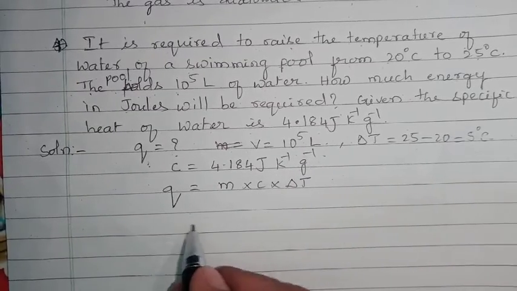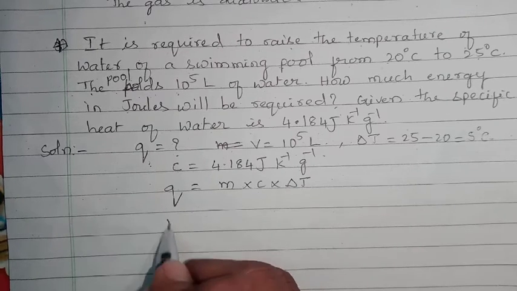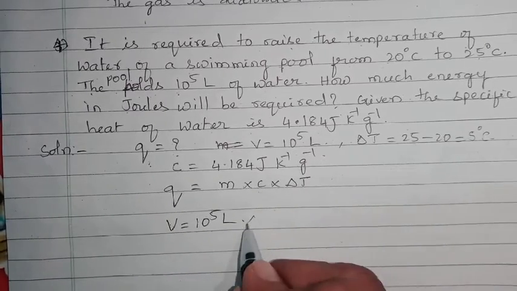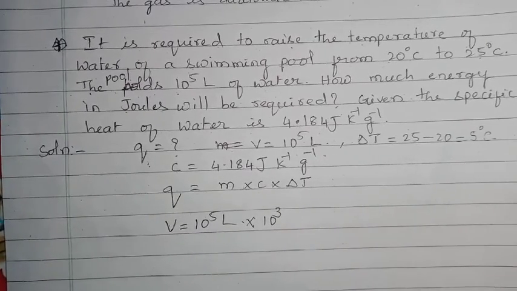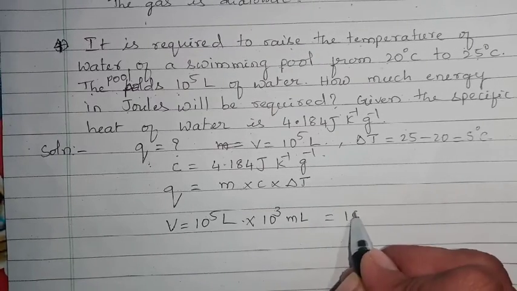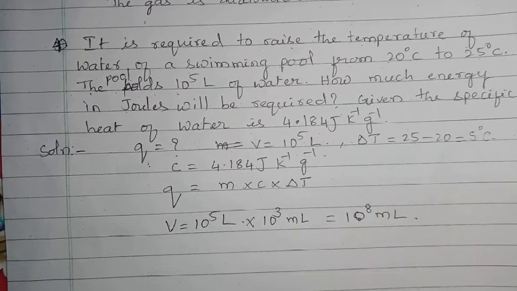Volume is 10 to the power of 5 liters. Whenever we multiply this by 10 to the power of 3 ml, it becomes 10 to the power of 8 ml, that is centimeter cube.